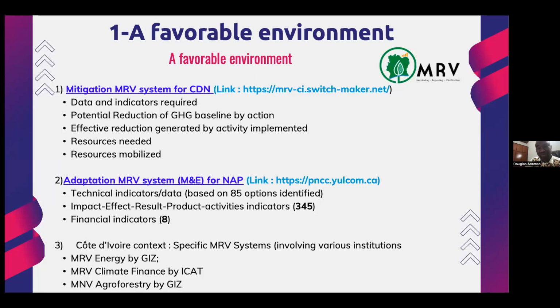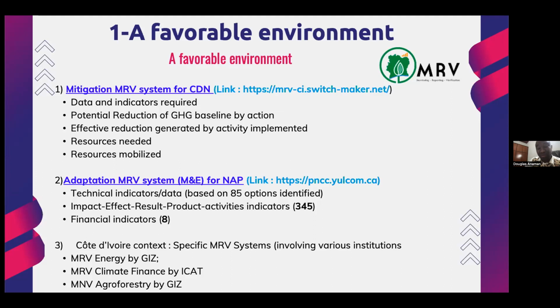This platform involves different indicators, data and indicators required regarding the potential reduction of GHG baseline by action, the effective reduction generated by activity implemented, and the resources needed and the resources mobilized.